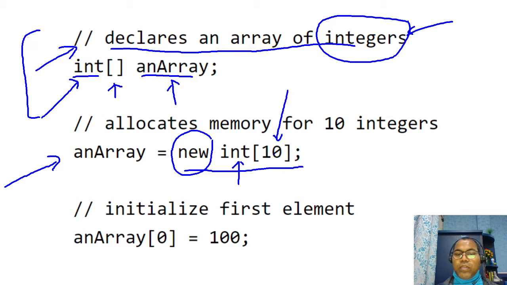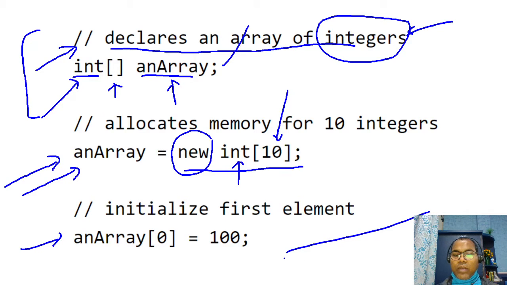So first you declare your array, then you create the object, or allocate memory.